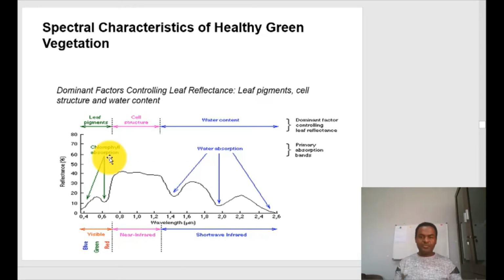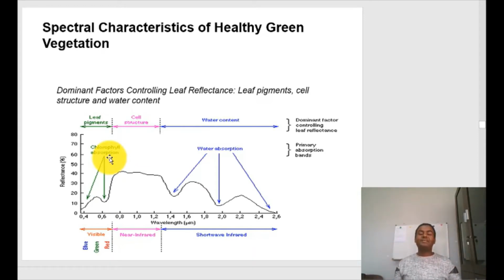Okay, the word spectral tells you that it is related to wavelength region. Okay, the signature is going to be created as a function of wavelength region. What is the characteristics of the reflectance as compared to wavelength region?